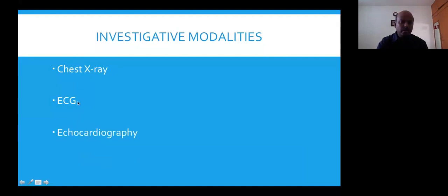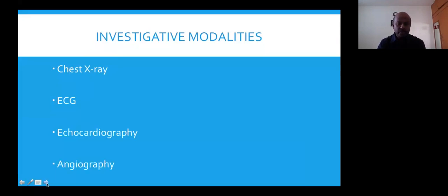Echocardiography is what gives a confirmative diagnosis of patent ductus arteriosus, and it can give you a lot of details about the quantity of the shunt, the hemodynamic effect, the pulmonary pressures, so on.